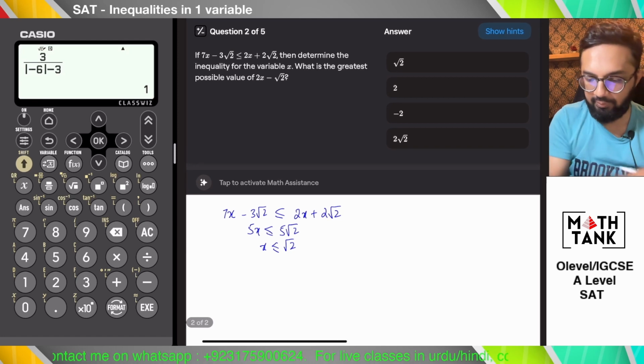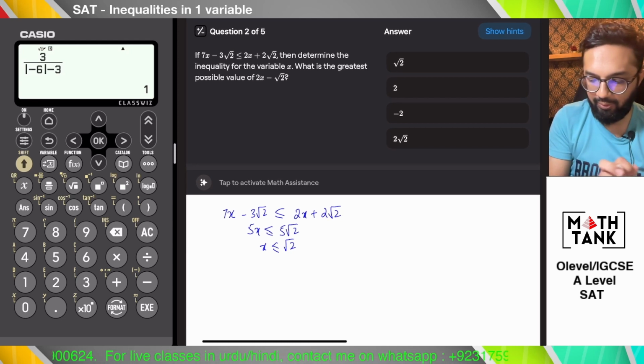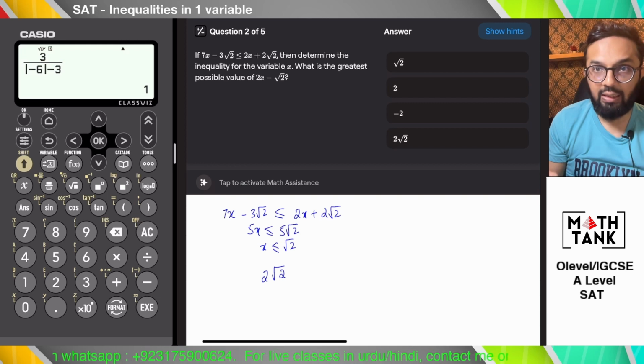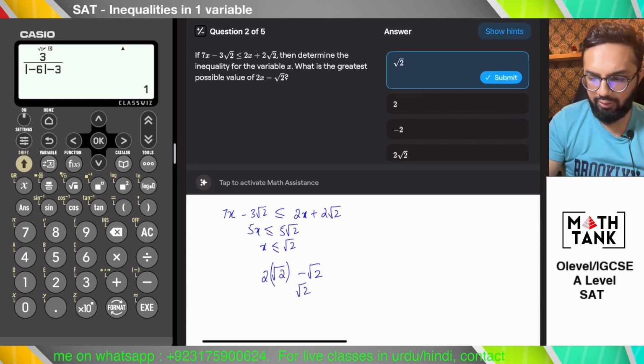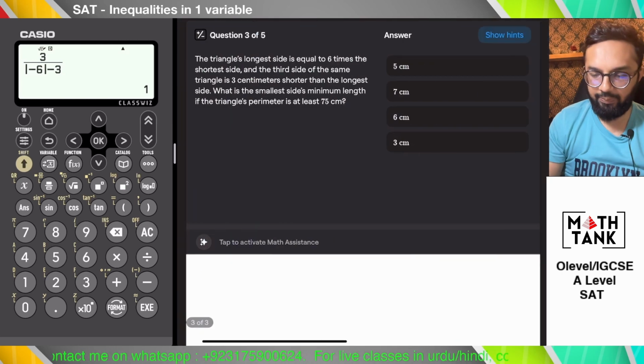Okay, so if x is less than or equal to root 2, then root 2 is the greatest value of x. So I'm going to say that x is root 2. So 2 root 2 minus root 2 gives me root 2. I think that should be the greatest possible value of 2x minus root 2. Yeah, that is the correct answer.